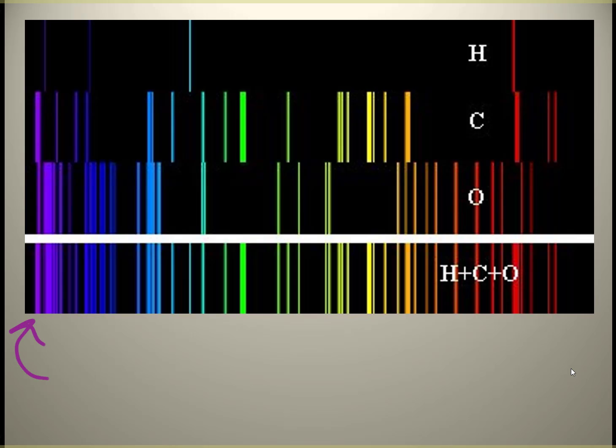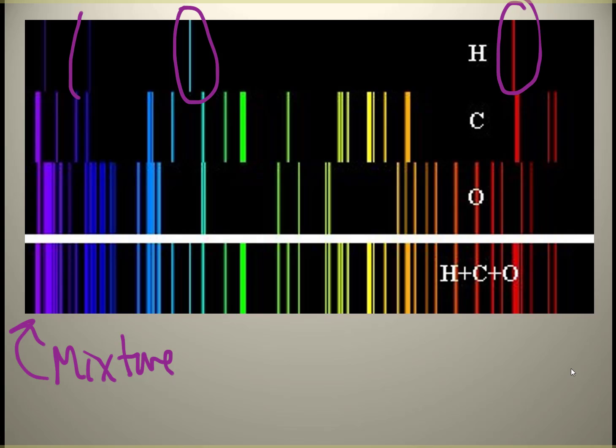So down at the bottom, I have a sample. So I have hydrogen, carbon, and oxygen all together. So this is my mixture. I can look at maybe a library of elemental spectra to figure out what elements are in this mixture, and I can identify them. So I can see that hydrogen has to have these bands.